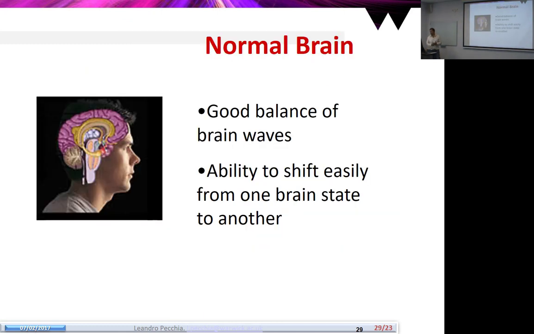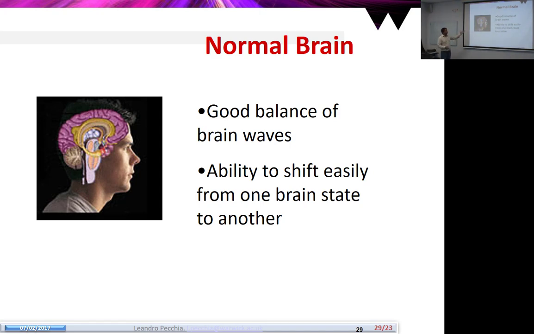So a normal brain has a good balance of different brain waves. That's a common principle. We discussed heart rate variability yesterday, and we said that a normal subject has a good rate of variation. May move from a steady state to a very excited state in very little time. If you cannot, then you have a problem. Well, not that you have a problem, but those having a problem are less able to move from one state to another.